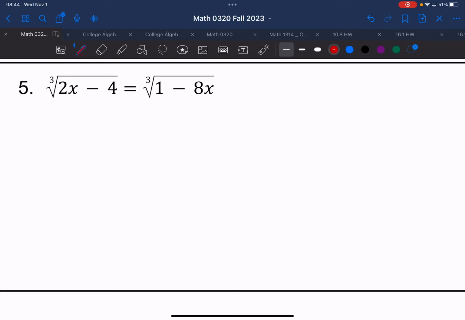They are both the third root. So if I was to raise both sides by the index, what is going to happen to these radicals? Good, they both cancel out at the same time. So this is, ultimately what we want. This does not always happen.